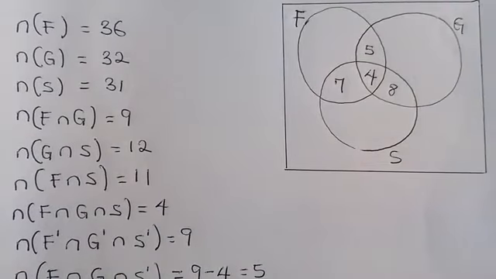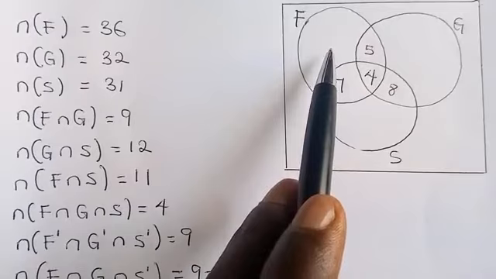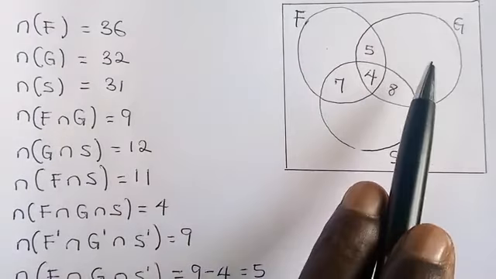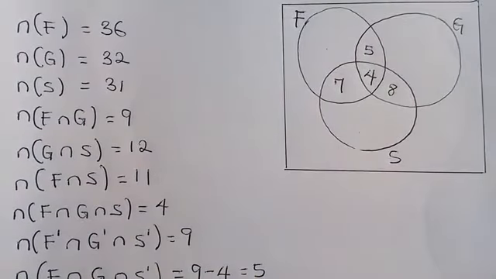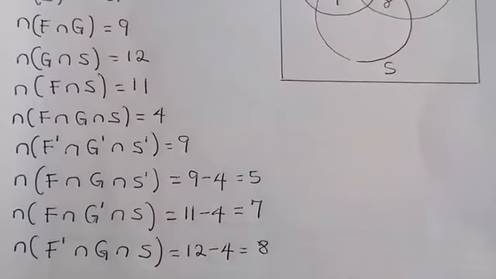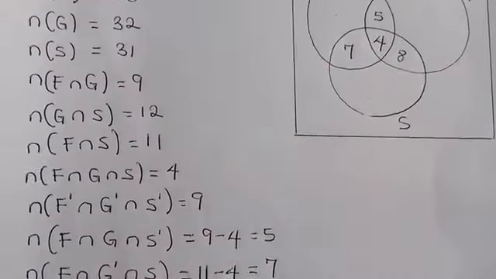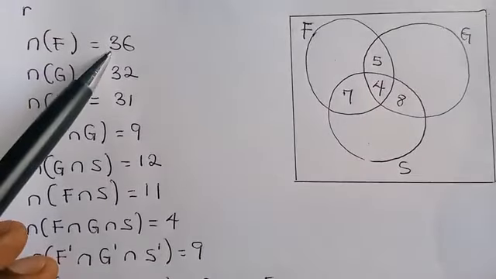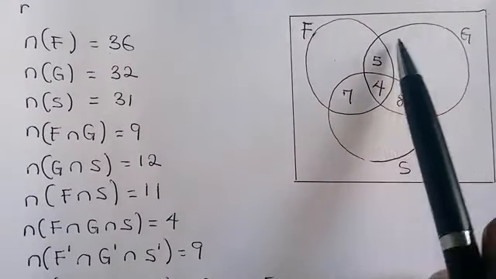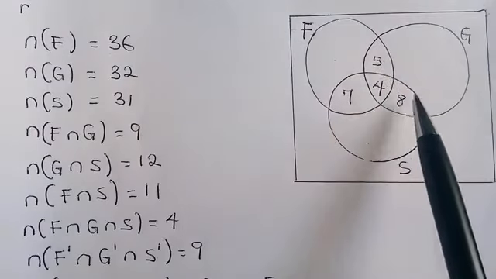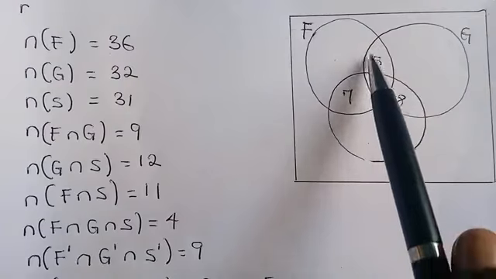Also, in populating this Venn diagram, the next thing we need to do is to find out how many offered French only, how many offered German only, how many offered Spanish only. To do that, we again need to use this data. We are told that 32 offered German, but when you look at the oval shape, the subset for German, we already have some numbers here, number of boys already here.